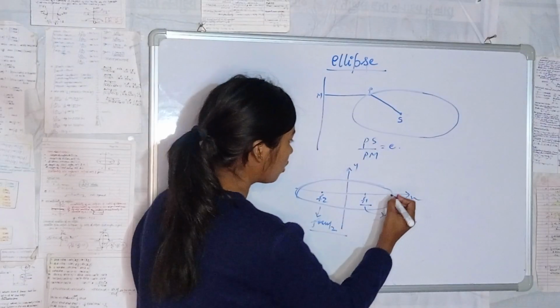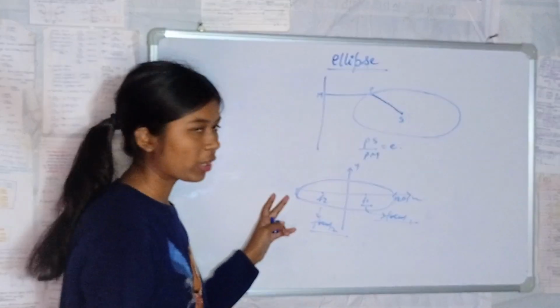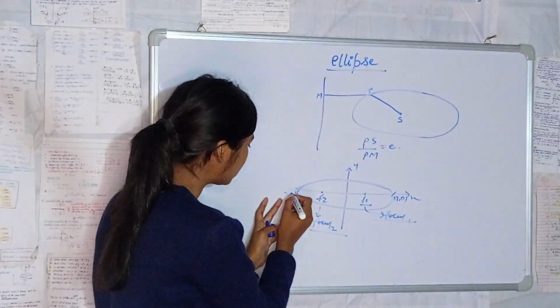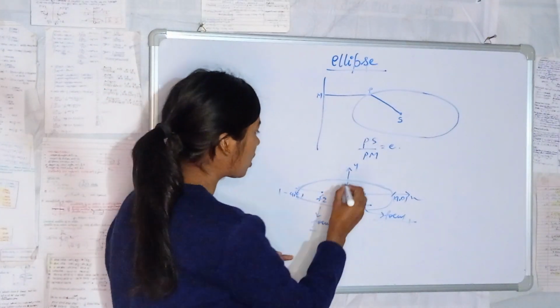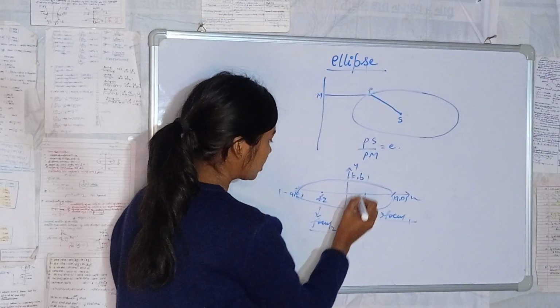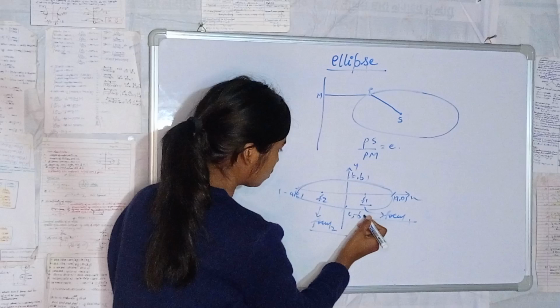This point is at a comma 0, this is at minus a comma 0, this is at 0 comma b, and this is at 0 comma minus b.